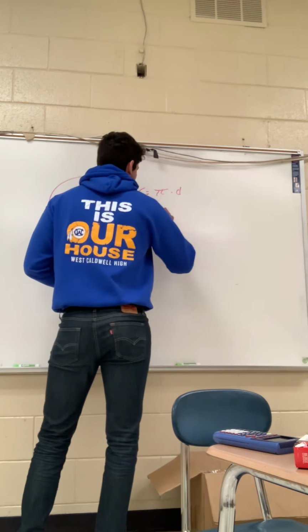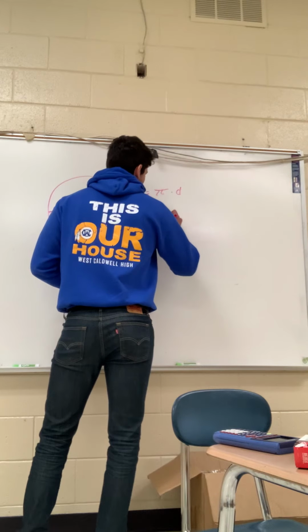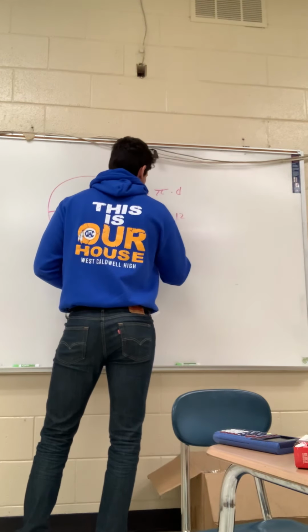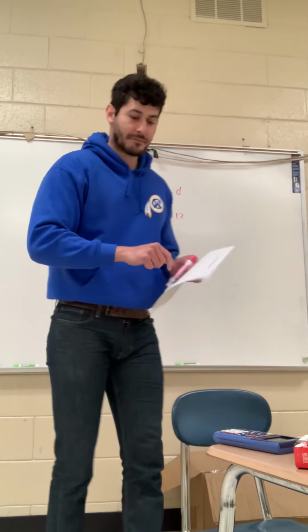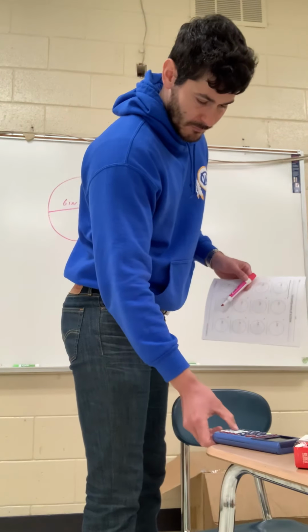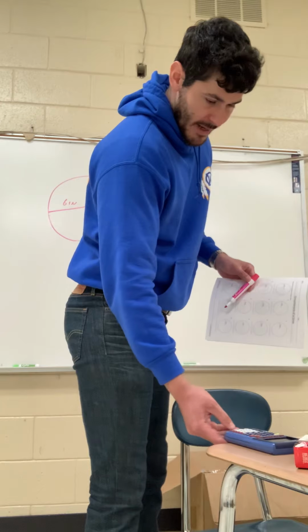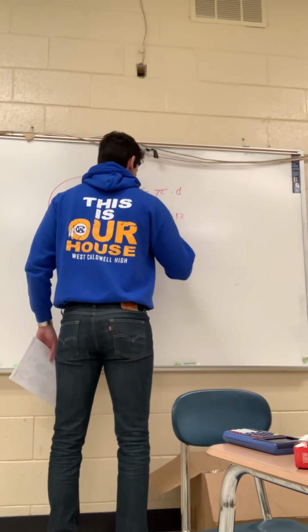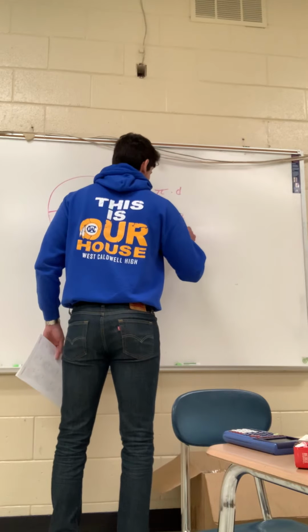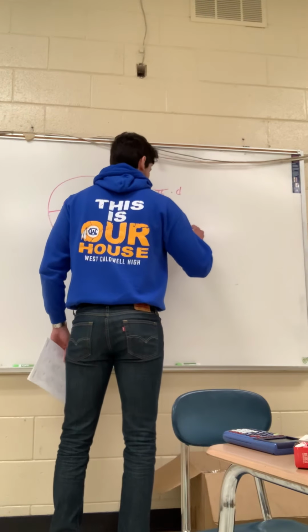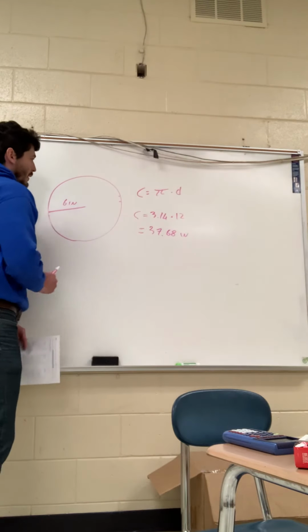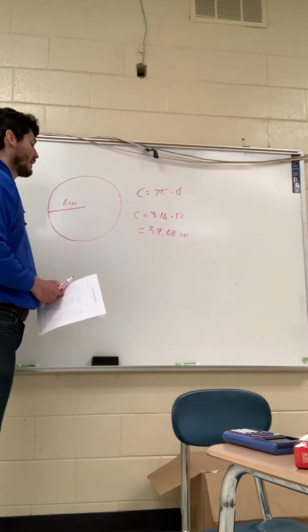So we have 3.14, which is my pi, times 12, and that is 37.68 inches. Don't forget your unit. That's the circumference for the circle. Okay, let's do one more.